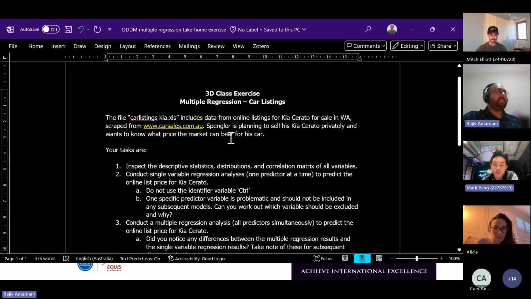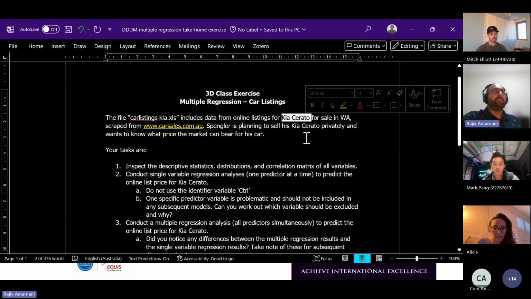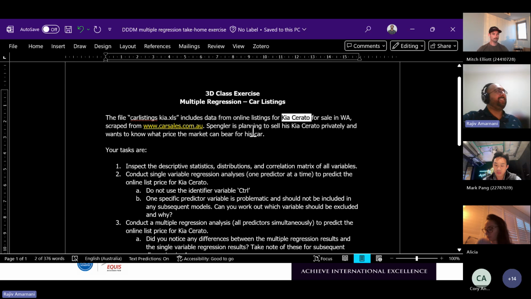So car listings. This is data that my wife and I scraped from car listings a week ago. It's for specifically a car, the Kia Cerato, a fascinating vehicle with heaps of boot space.